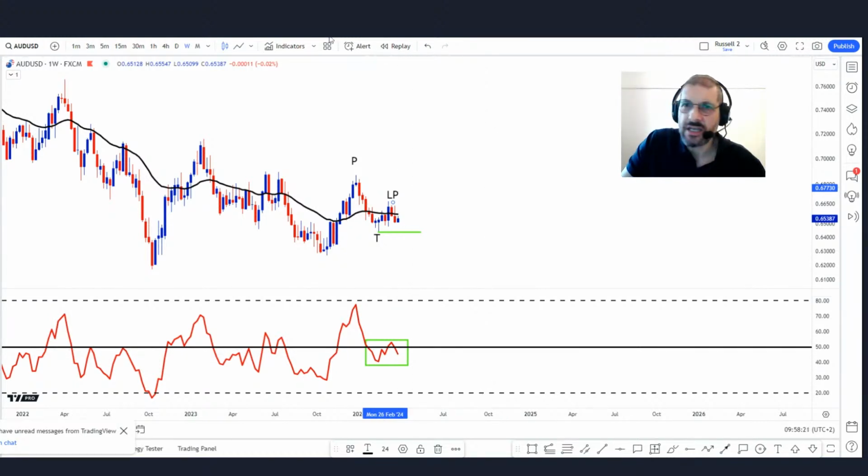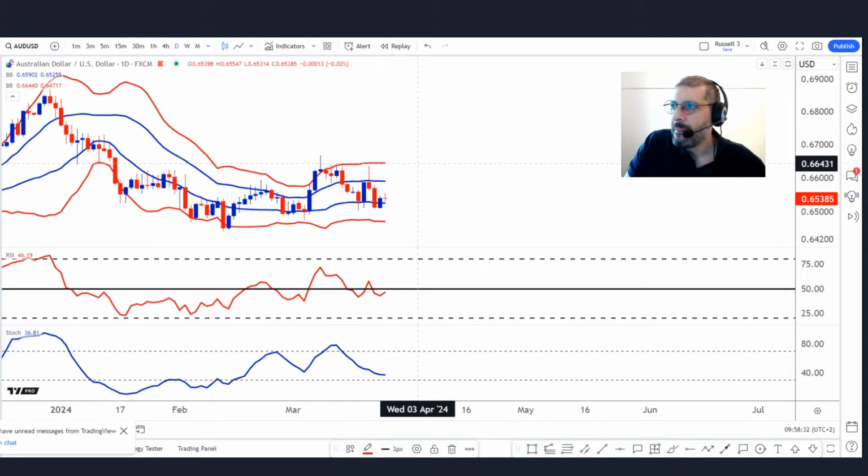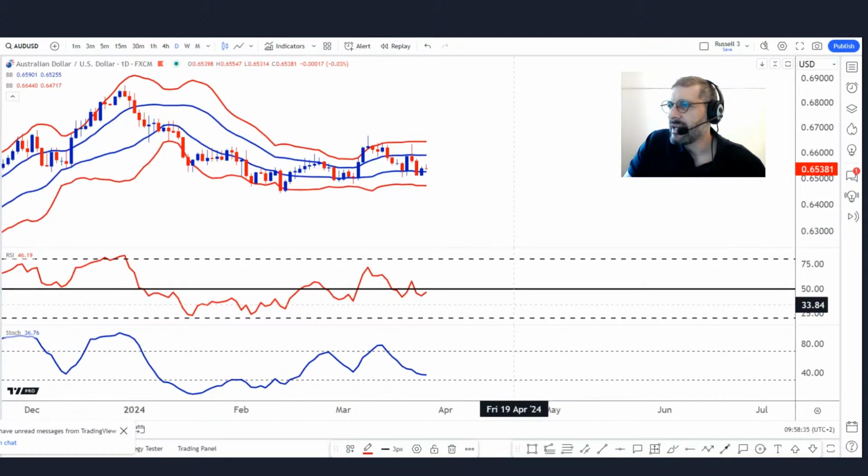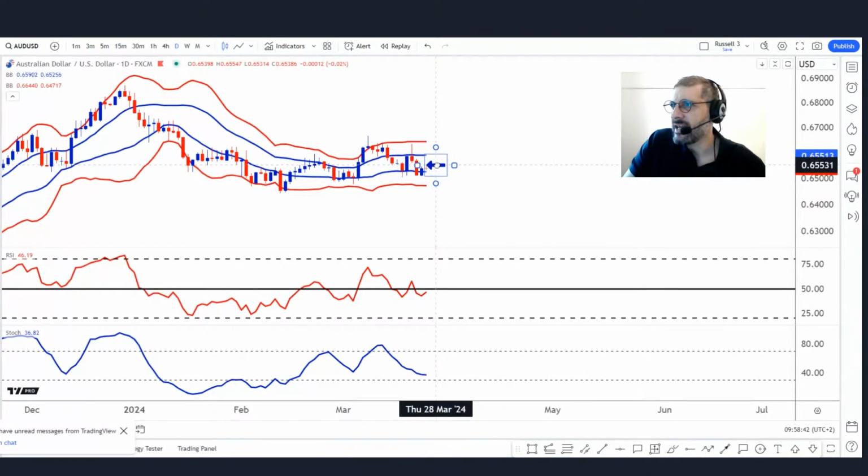Let's take a look at Aussie on a daily basis. There's just no real trend there. It's not showing signs of trend on the daily.